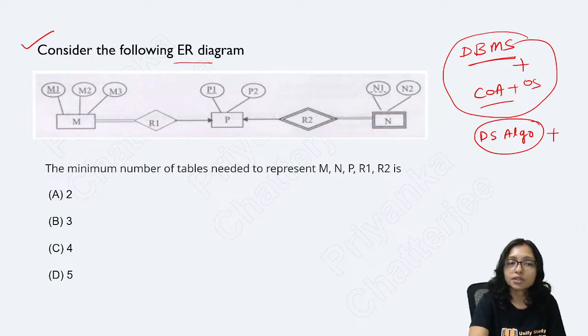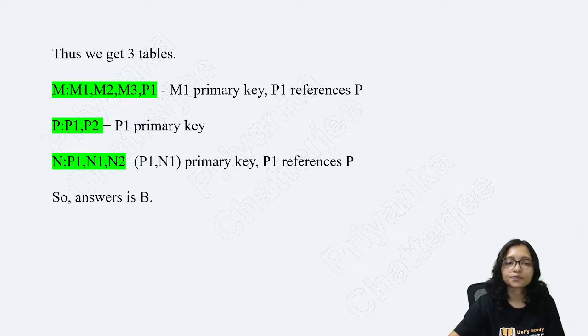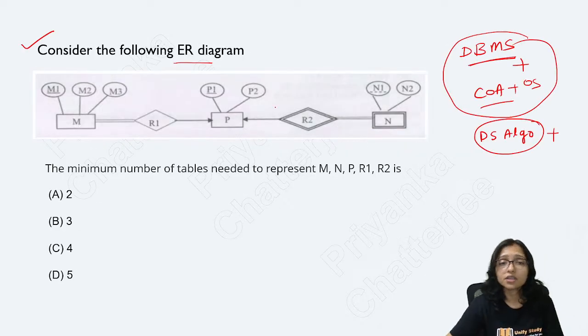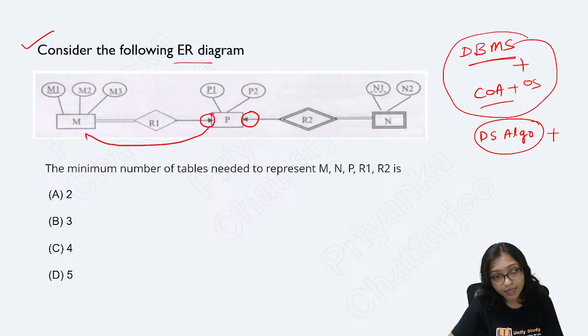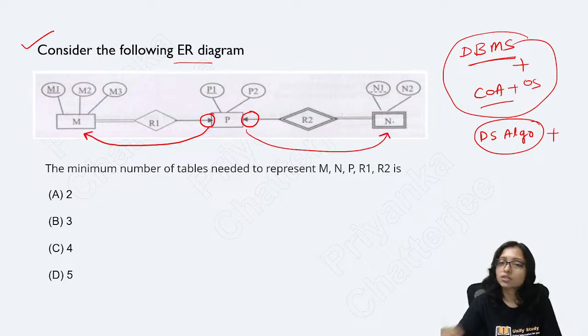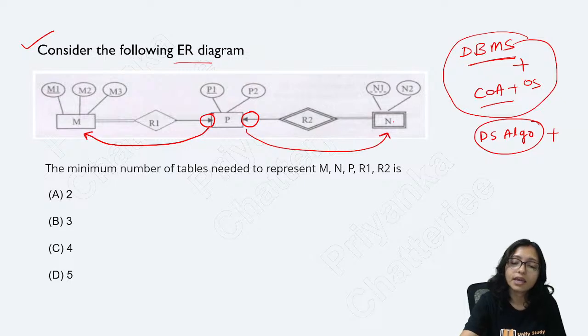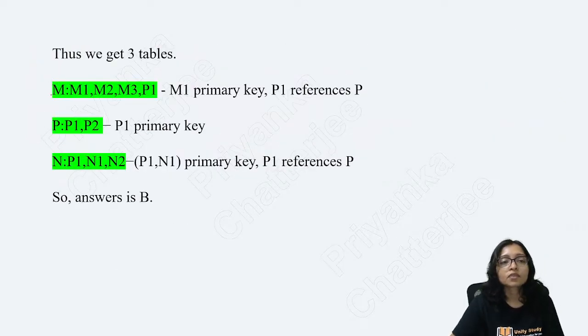Yes, here also 3 tables will be required. Because you can see this is a key constraint, this is also a key constraint. This key constraint is attached with this one, and this key constraint is attached with this one. That's why here your table will be the M table.